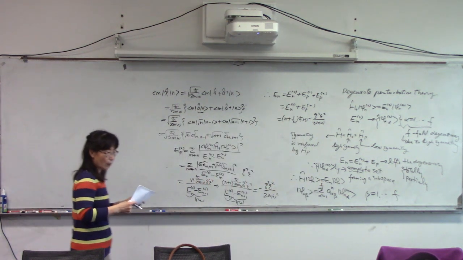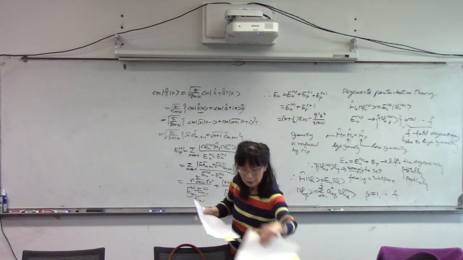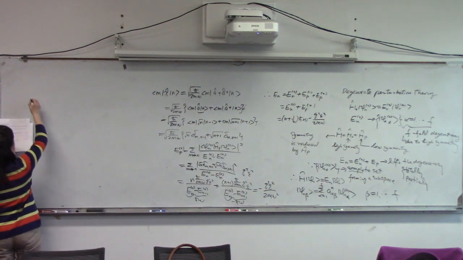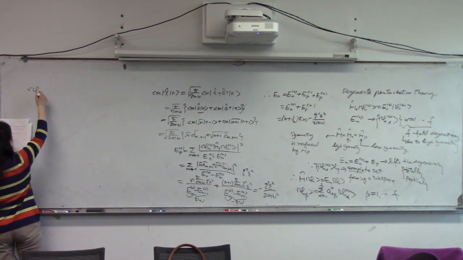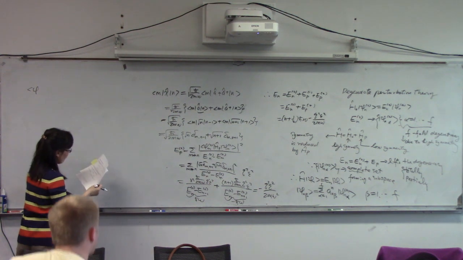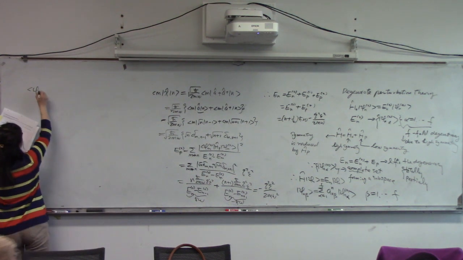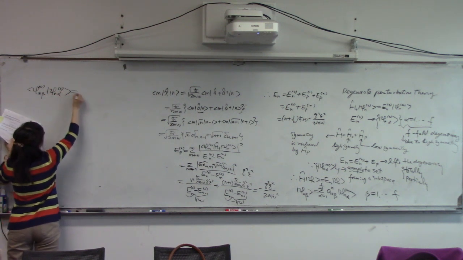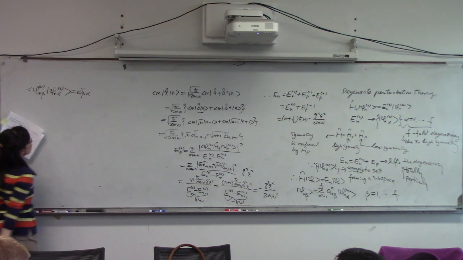Now let's use this one, just the orthogonality of this. If I use 0, it means I'm perturbing, right? And beta and alpha, beta alpha, this is orthogonal.